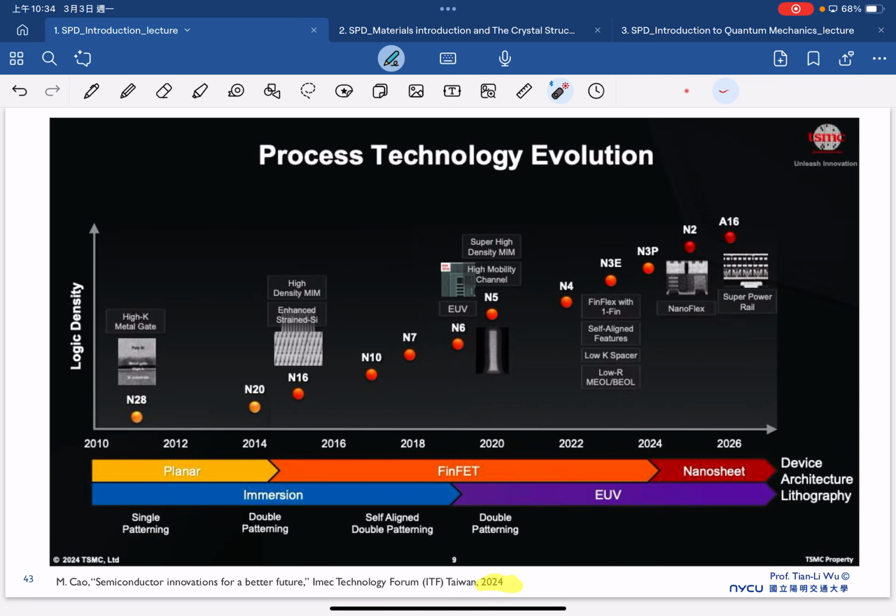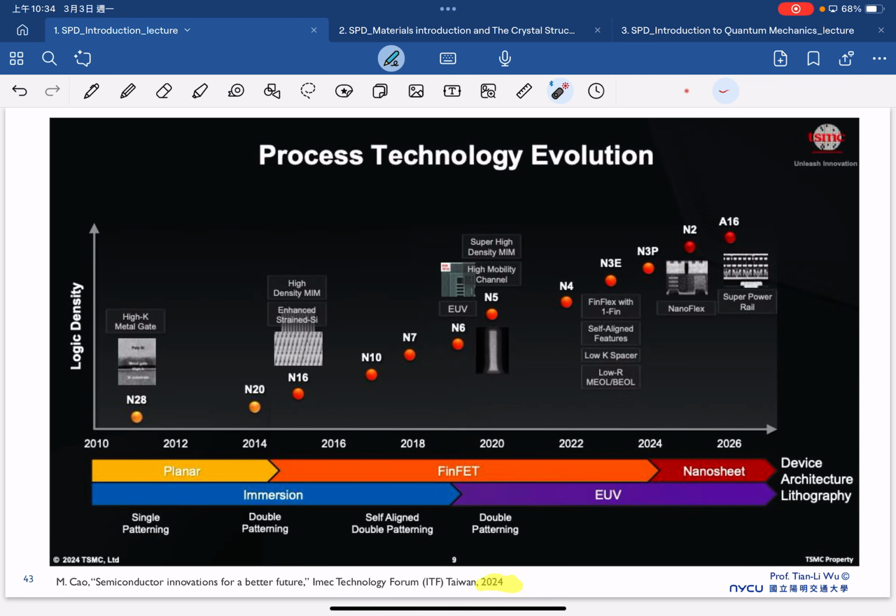So here, we won't talk in detail about each one, because each one takes more than 10 or 20 years of research to become the technology that enables a new product. But this just lets you know that our semiconductor industry is still moving.